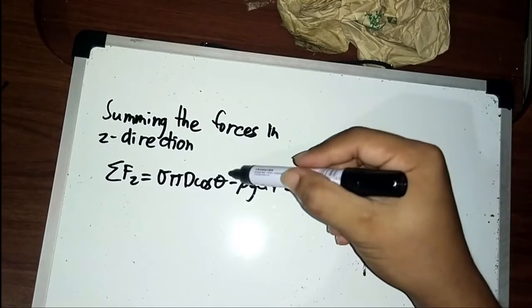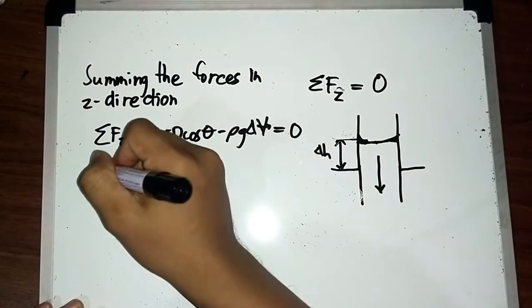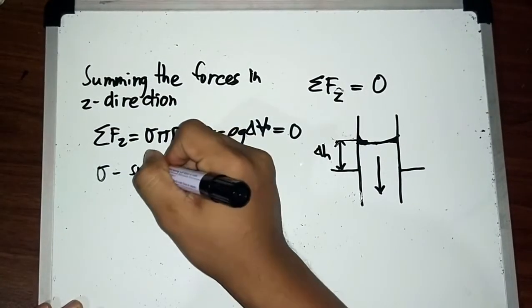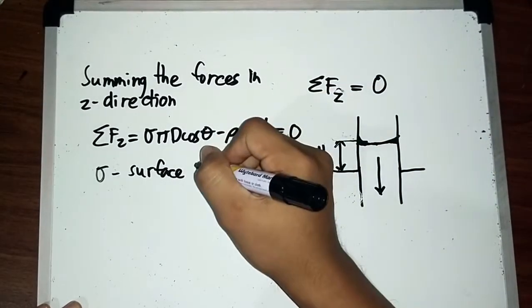So sigma pi d cosine theta minus rho g V equals 0. This sigma right here is the surface tension, the value of the surface tension of the liquid.